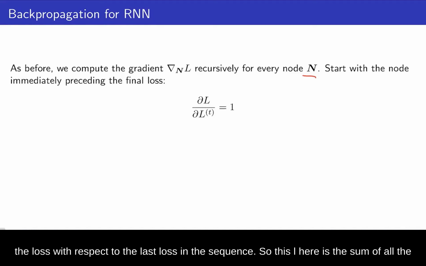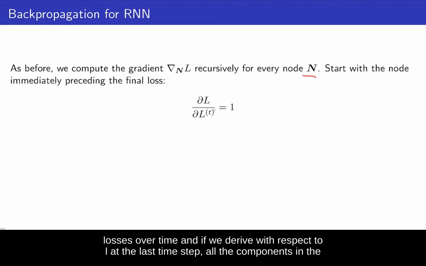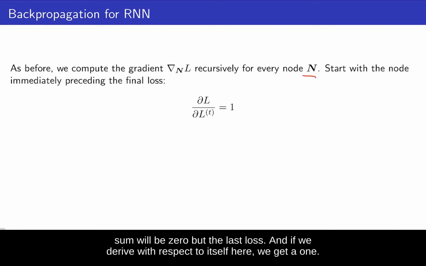So this L here is the sum of all the losses over time. And if we derive with respect to L at the last time step, all the components in the sum will be 0, but the last loss. And if we derive with respect to itself here, we get a 1.